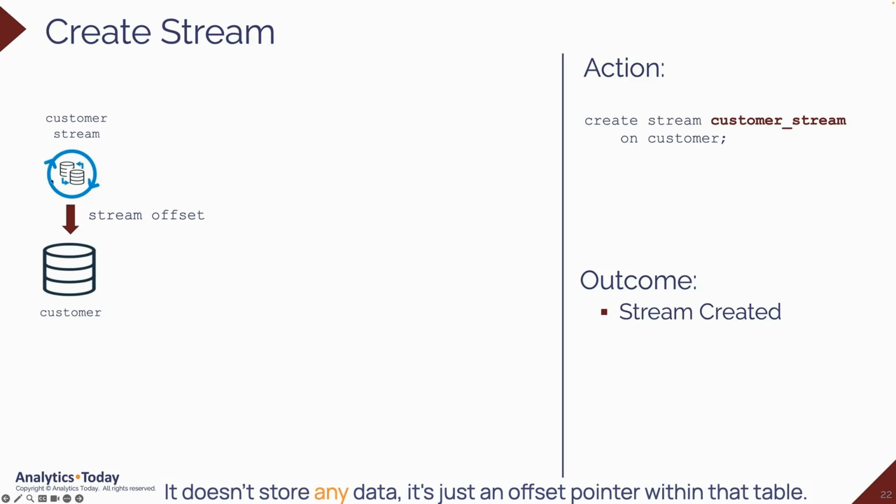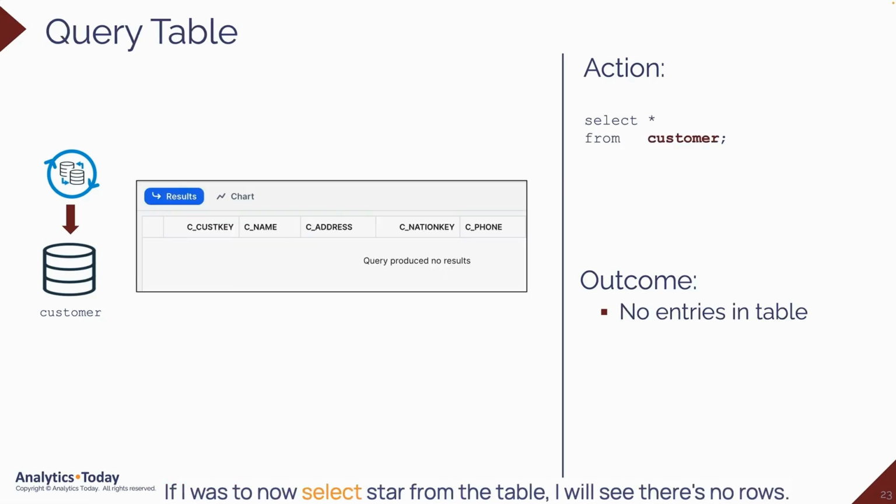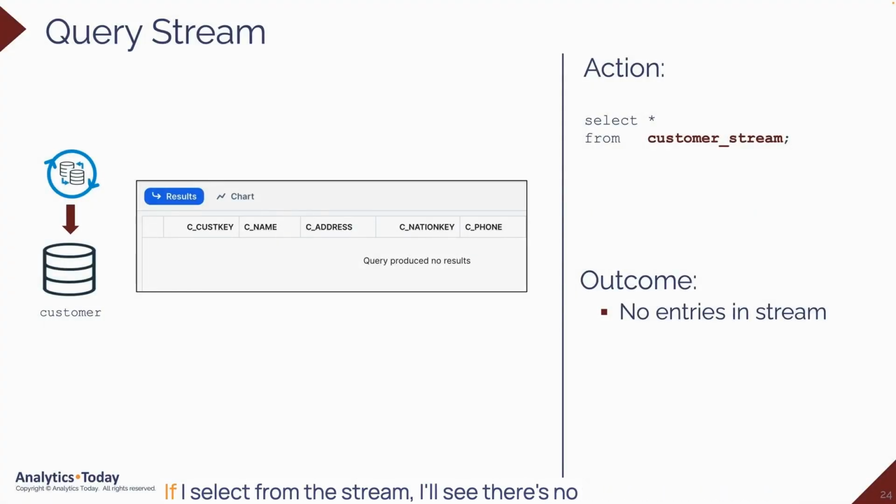It doesn't store any data. It's just an offset pointer within that table. Physically, it just adds a couple of bytes to the table itself. If I was to now select star from the table, I will see there's no rows. If I select from the stream, I'll see there's no rows because I've not inserted anything.